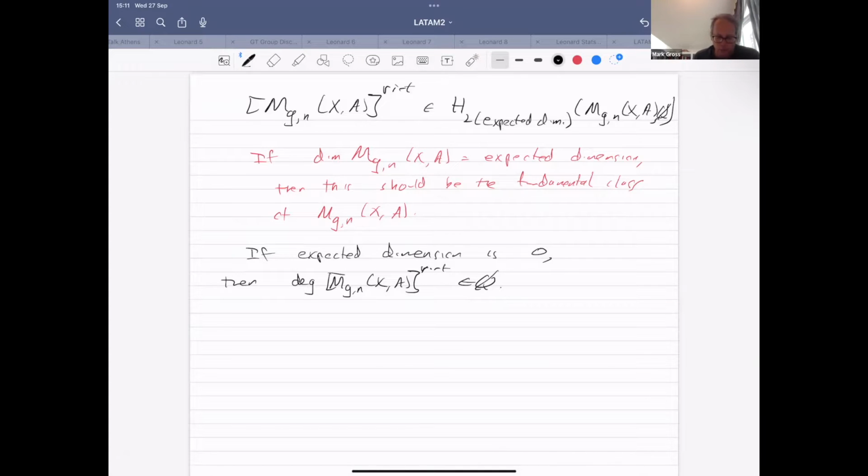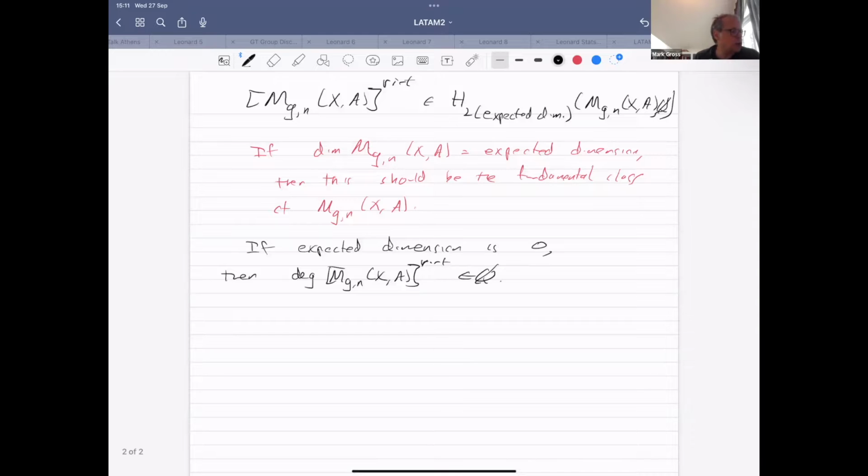Okay, so let me illustrate where this kind of problem arises. So I already mentioned that for the quintic threefold, if you took the Fermat quintic, then actually you have a number of one-dimensional families of lines. So the expected dimension is not the same thing as the actual dimension. The expected dimension is 0, the virtual dimension, the actual dimension is 1. So you need this virtual fundamental class formalism to extract the number 2875.